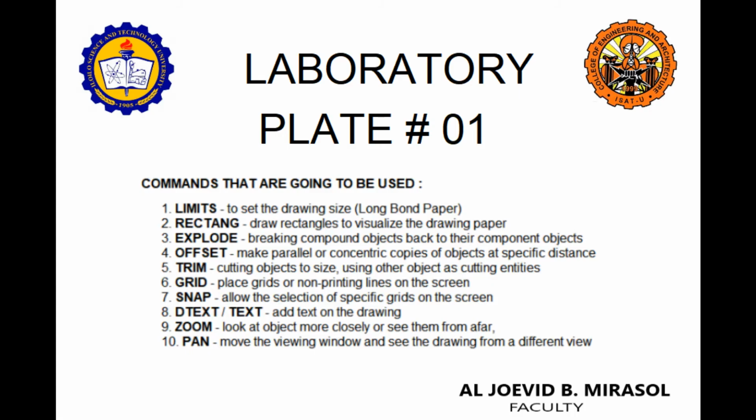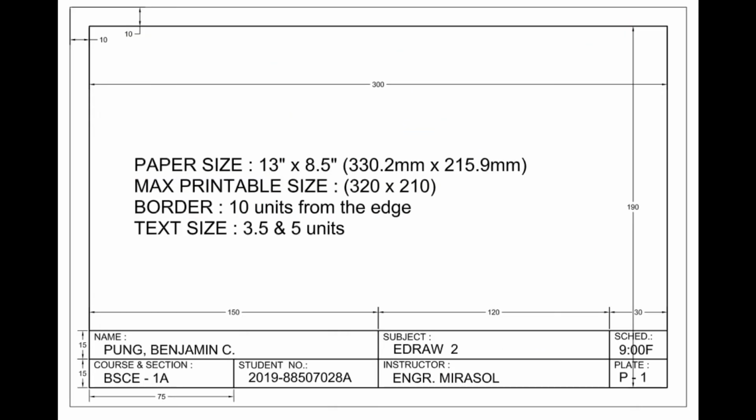In zoom we go closer or farther; in pan we look at a different area, moving from the side, so we move the window. So these are the commands we're going to use for our drawing. Let's see the drawing again and visualize it, so that we'll know how to draw it.